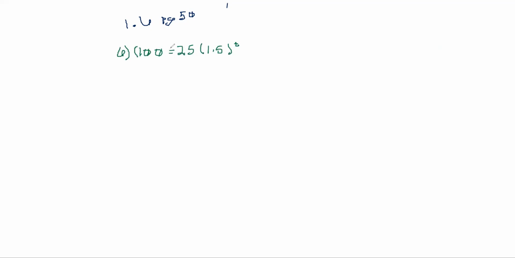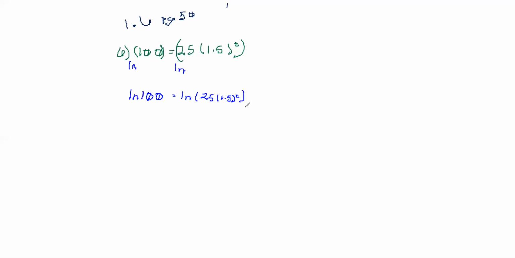For instance, if we were to multiply both sides by 5 or divide by 5, we would have to do it to both sides. In this case, it's not useful, but just like we would do that with dividing and multiplying, we also have to do that with logarithms. So we have to take the natural log of both sides. So we end up with natural log of 100 is equal to the natural log of 25 times 1.5 to the t.